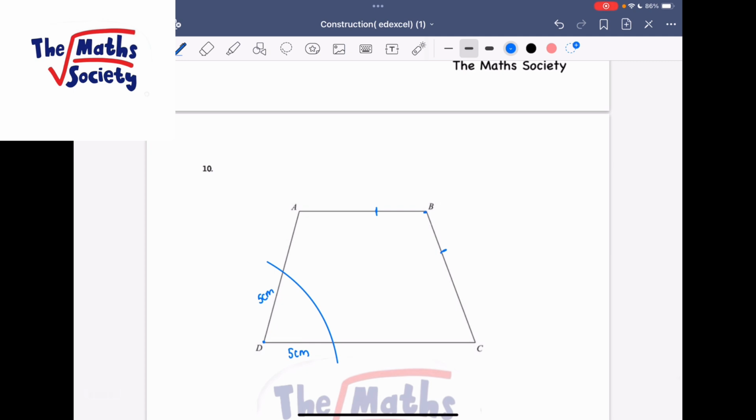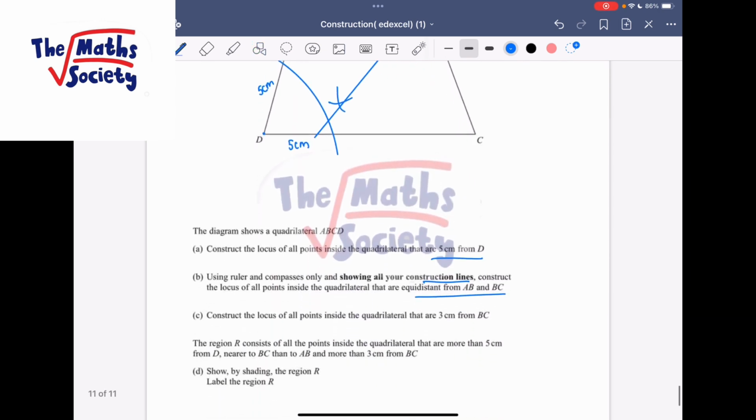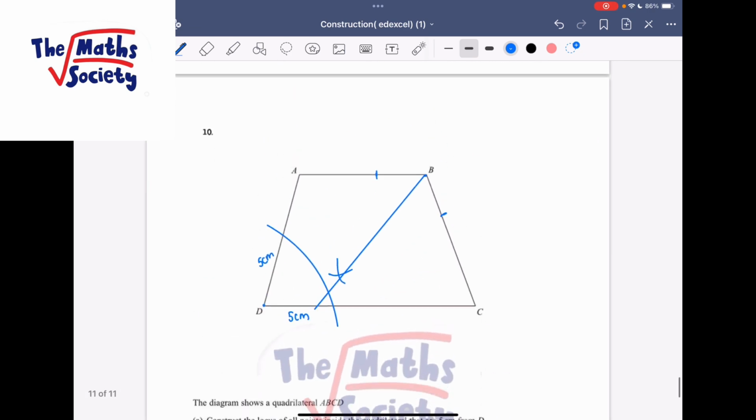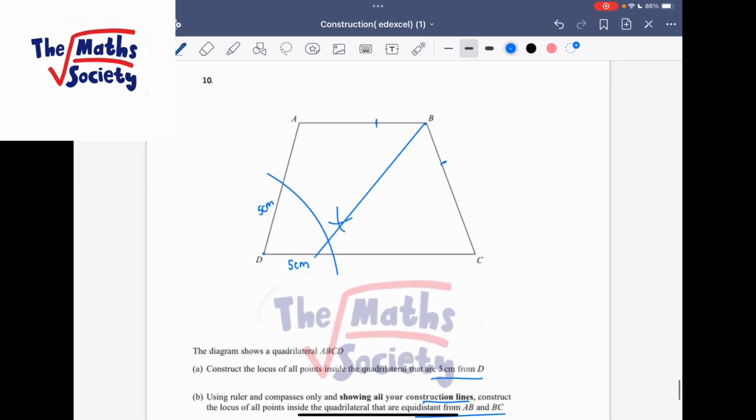It's going to be the same thing here. And then it says, what does it say again? It says that the locus will require 3 centimeters from BC. From BC, you've got to have 3 centimeters. Measure 3 centimeters. That's going to be the 3 centimeters from BC.